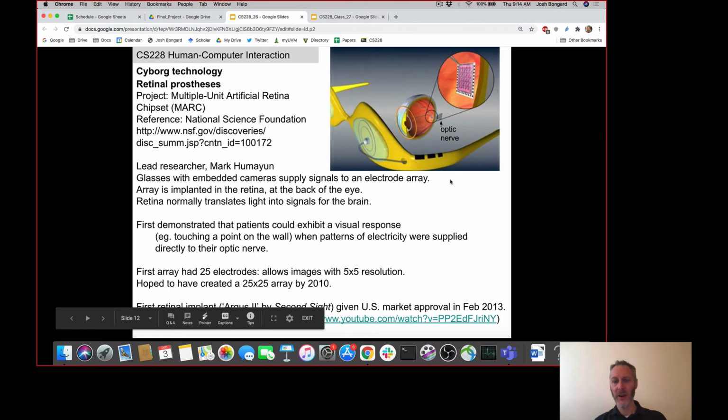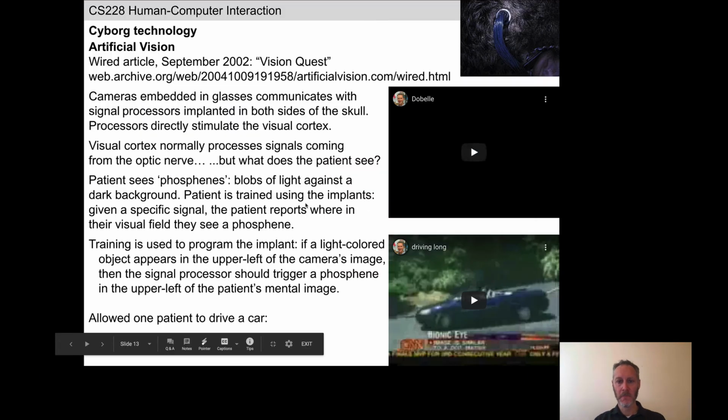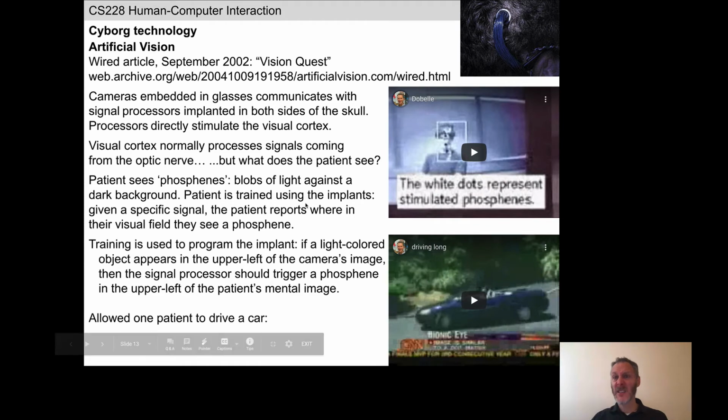Okay, very exciting technology, obviously. In this case, we're looking at, again, these cybernetic prosthetics, which are bypassing non-functional sense organs like eyes or ears, but they still assume that the sensory nerves are still there. So the optic nerve, the auditory nerve.